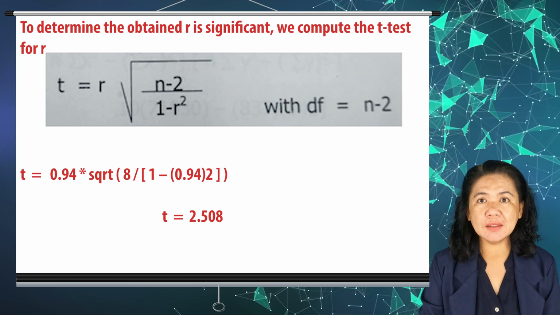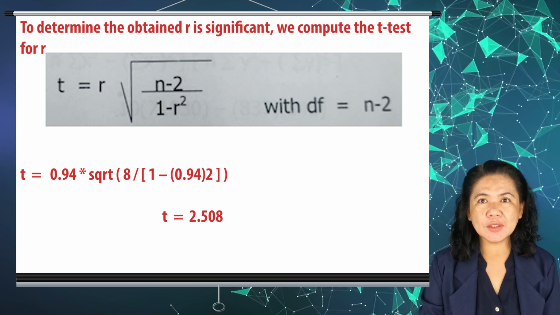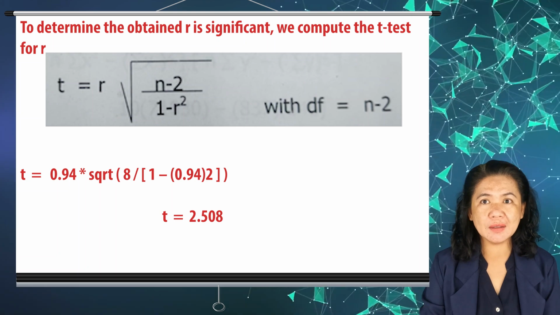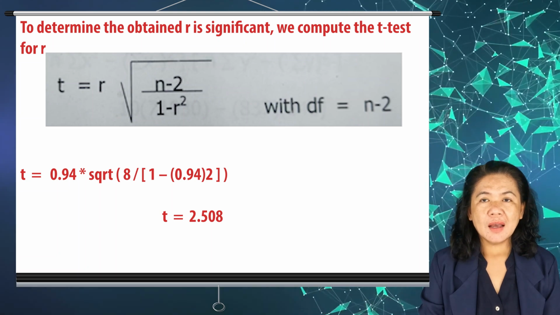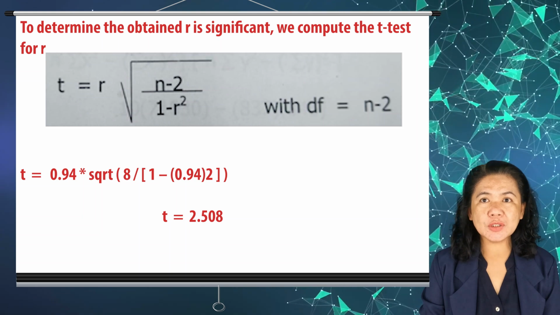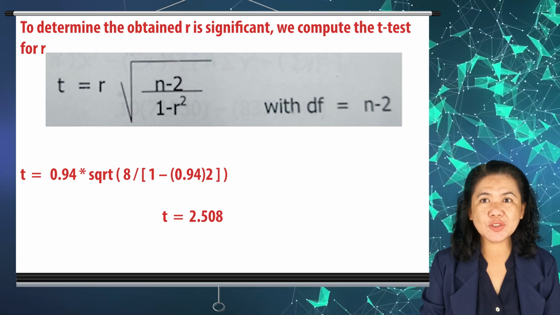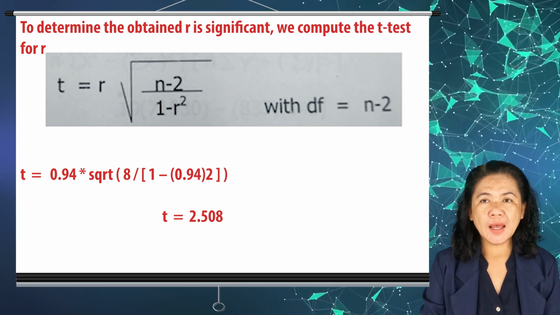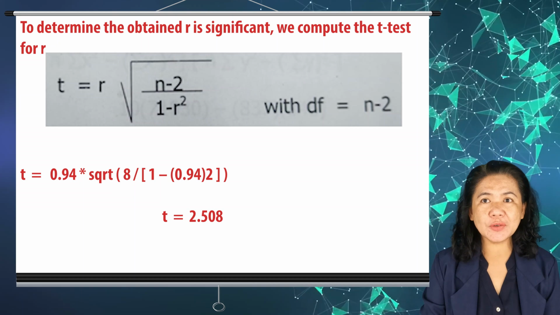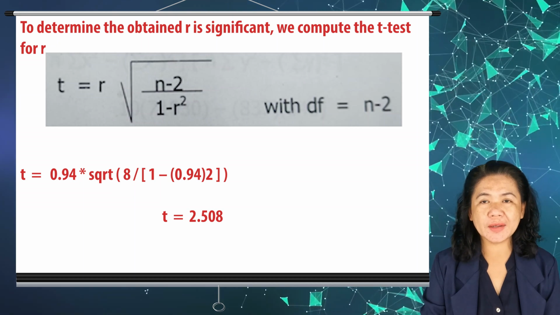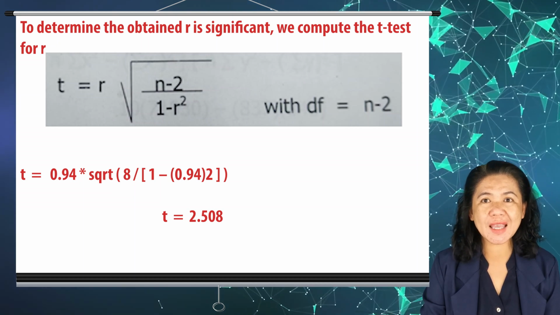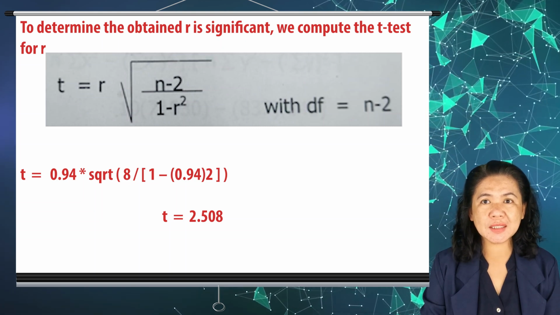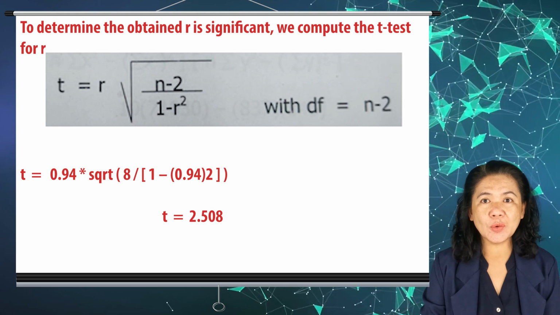Using the formula, t is equal to negative 0.03 times the square root of n minus 2, which is 13, divided by the square root of 1 minus negative 0.03 squared. Our t here is negative 0.108.